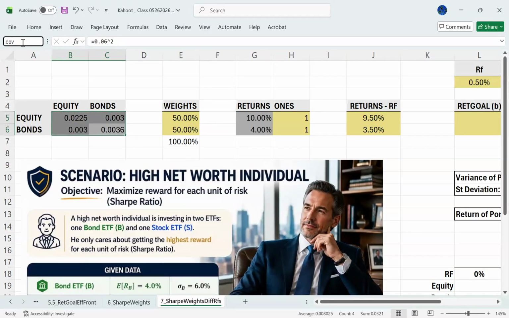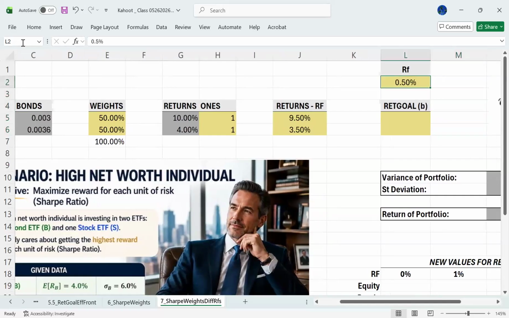This is the covariance matrix, I'm calling it COV. This is the weight matrix, I'm calling it W. This one I'm going to call ones; we're not using it in this particular problem. This one we're calling RET. This one we're calling mu RF. And this cell we call RF.